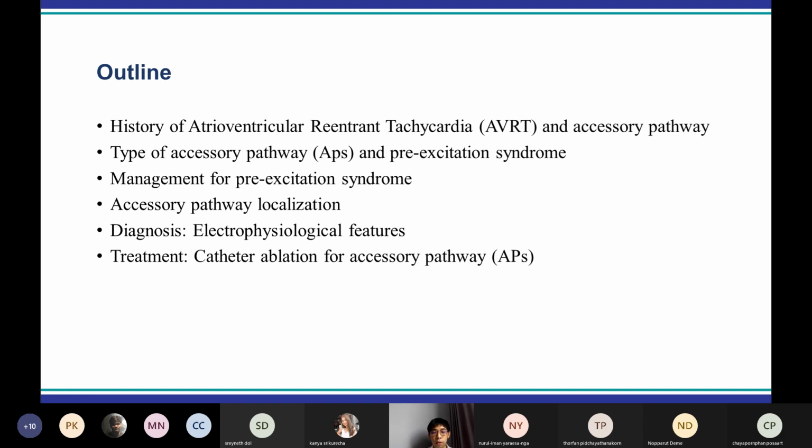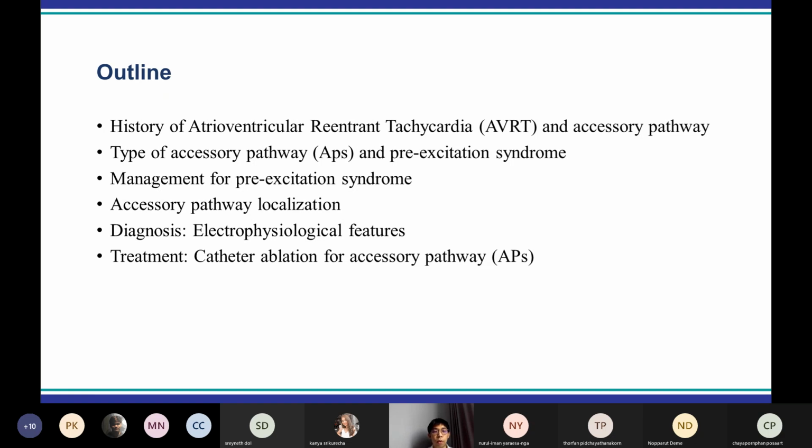This one is important because if you want to do the ablation, you have to identify which location in the heart the pathway is, because if you identify it in the wrong location, you might go to the wrong chamber of the heart.